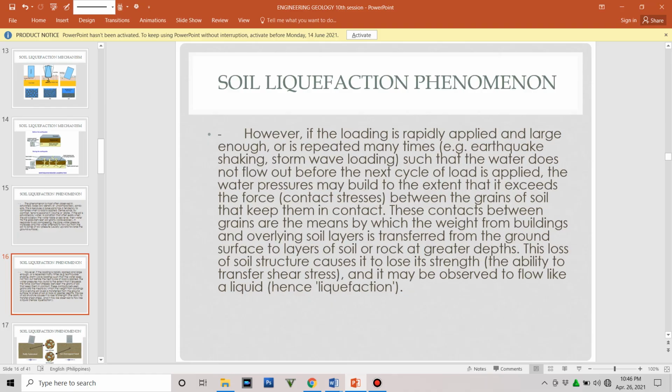These contacts between grains are the means by which the weight from the buildings and overlying soil layers is transferred from the ground surface to layers of soil or rock at greater depths. This loss of soil structure causes it to lose its strength, or the ability to transfer the shear stress, and it may be observed to flow like a liquid. So this is what we call liquefaction.